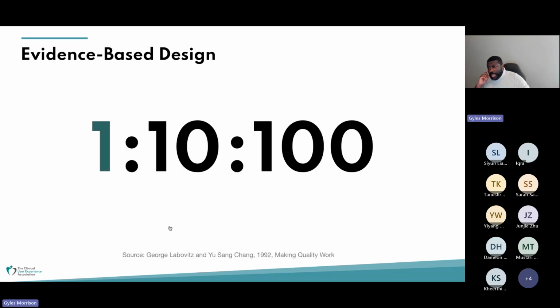Another thing as well, this was some research done by Leibowitz and Chang in the early 90s. Broadly speaking, it's not an exact science, but for every dollar or pound that you spend preventing a problem from happening, you will spend maybe 10 times that amount correcting that problem if it happens, and then the failure, the output of that problem happening, can cost you 100 times more.